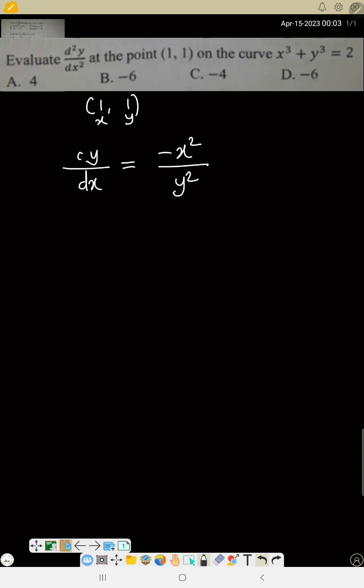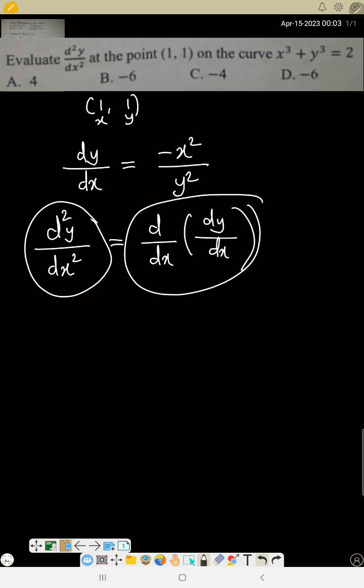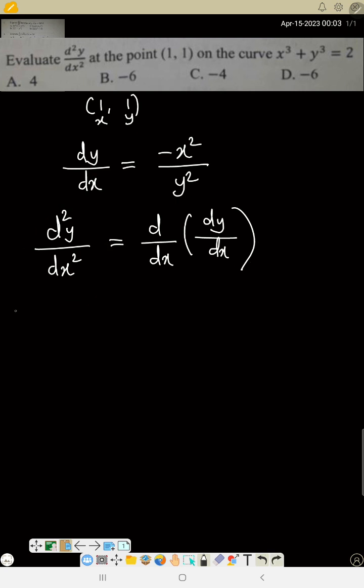So this is our dy ds. Now d squared y over ds squared simply means d ds of dy over ds. So this expression, d squared y over ds squared, means d ds of dy ds.